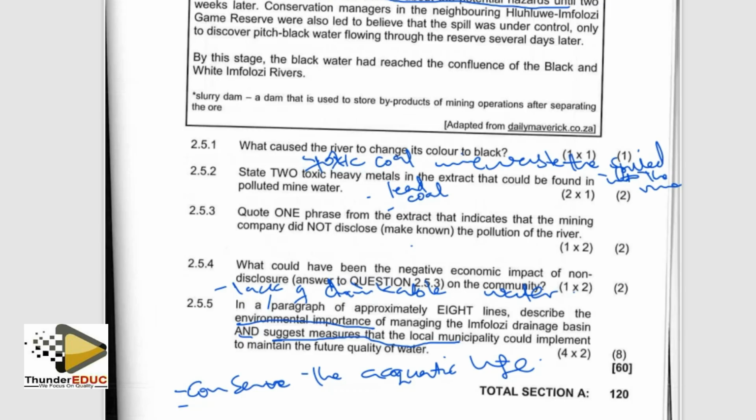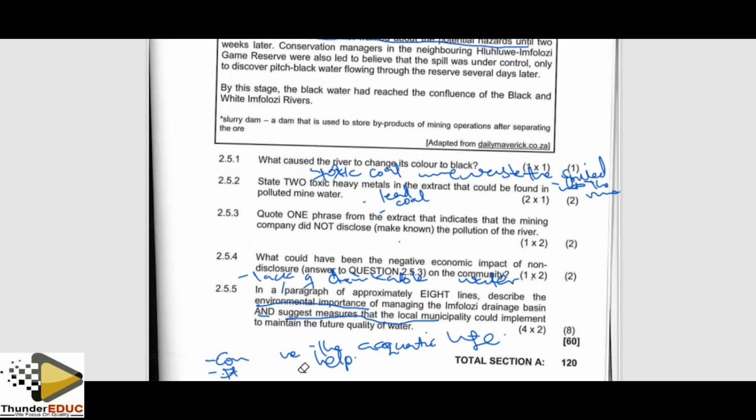Number 2, those are the habitats that are there. It also helps to keep the water clean, if it's well managed. So we said the first one, conserving the aquatic life.